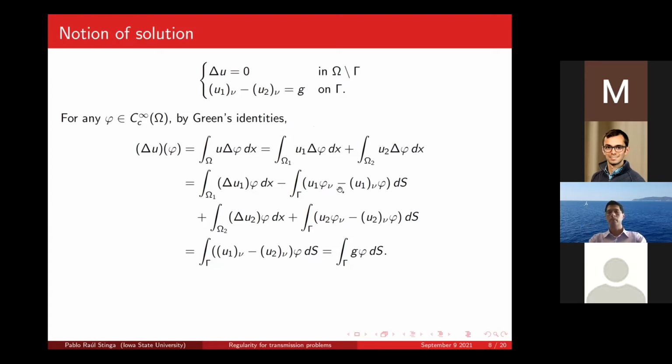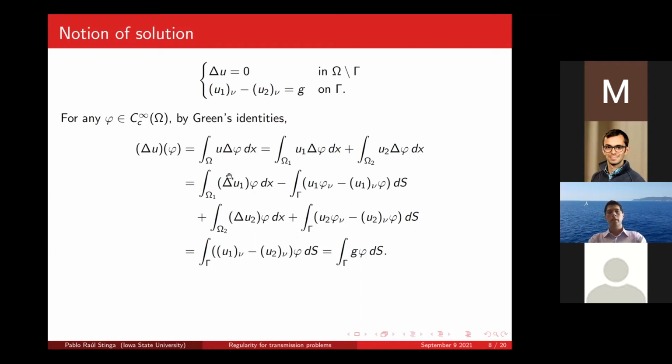I do the same with the Laplacian of phi times U2. I pass the Laplacian to U2, and I get the same term now with a plus, because on gamma the normal vector is exterior to omega 2.